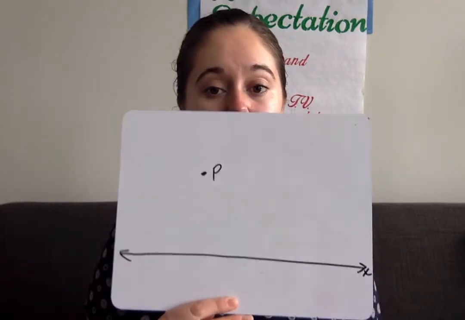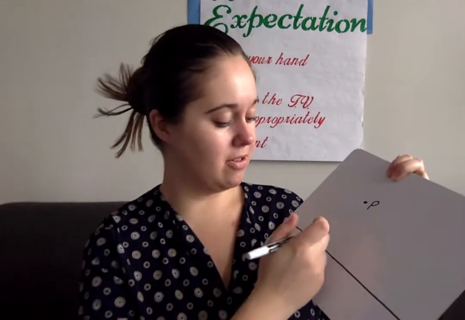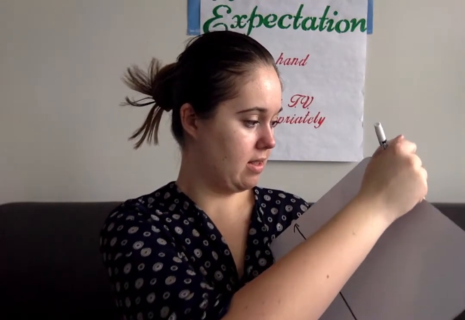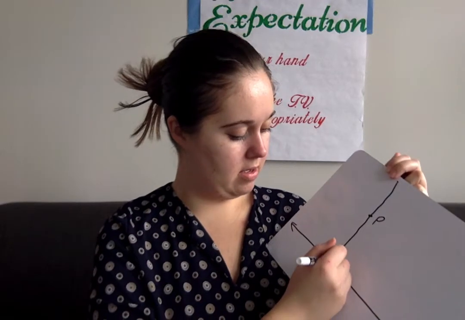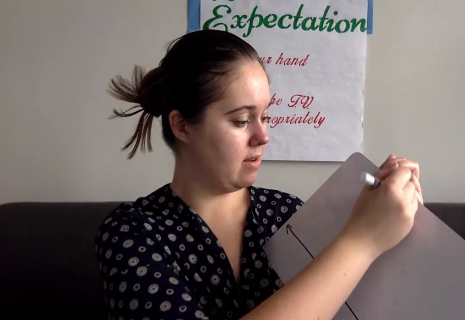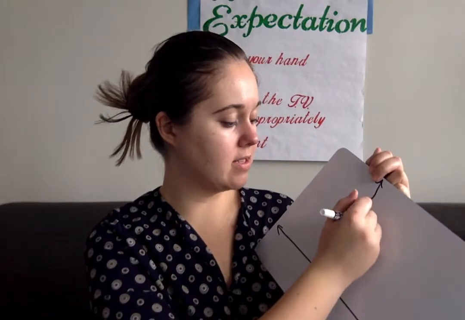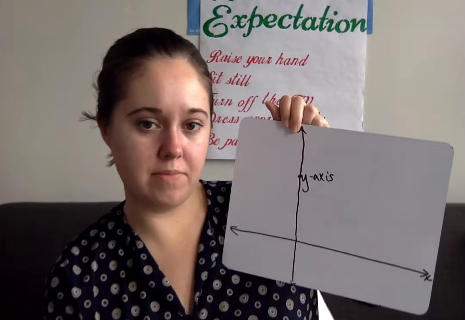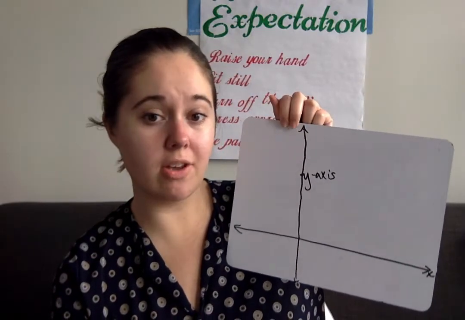Okay, great. So what we're going to do is draw a line going up here. And actually, I'm going to extend it beyond that. Now, this new line is called the y-axis. Just like that. That's all you have to be doing for number 1A.